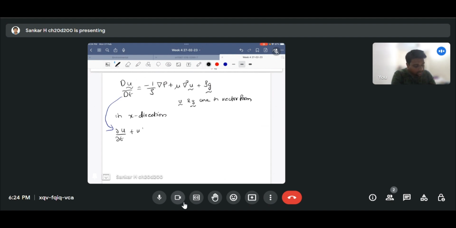We can write this as u dou u by dou x plus v dou u by dou y plus w dou u by dou z. Now this term will come here, therefore that will be minus 1 by rho dou p by dou x, plus this term will come after that.